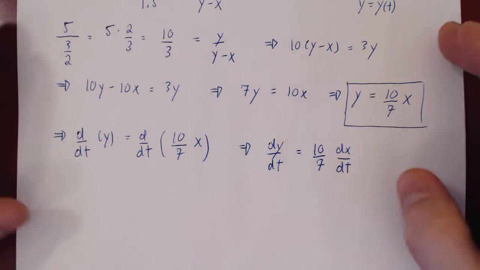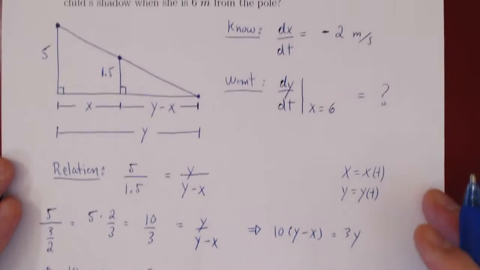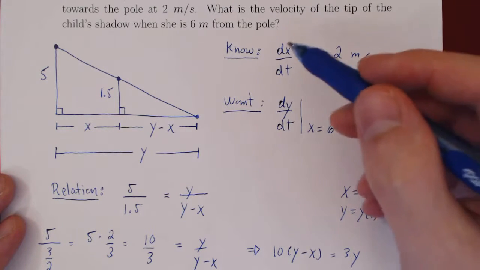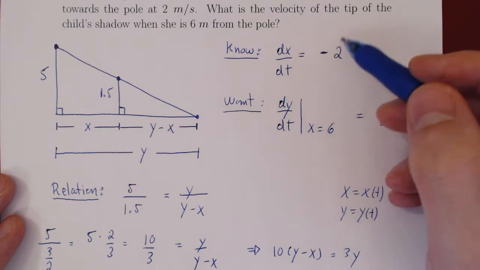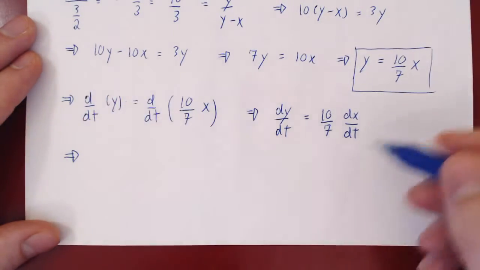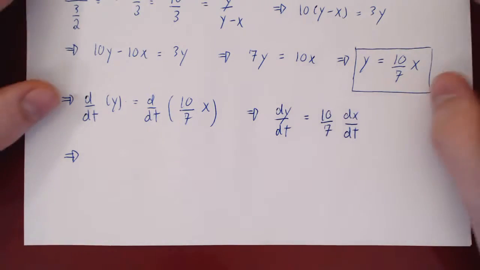Finally, we wanted the derivative of y with respect to t when x was equal to 6. And keep in mind that dx over dt was always equal to negative 2. So we can now evaluate. And if you look, the derivative of y with respect to t does not depend on x.